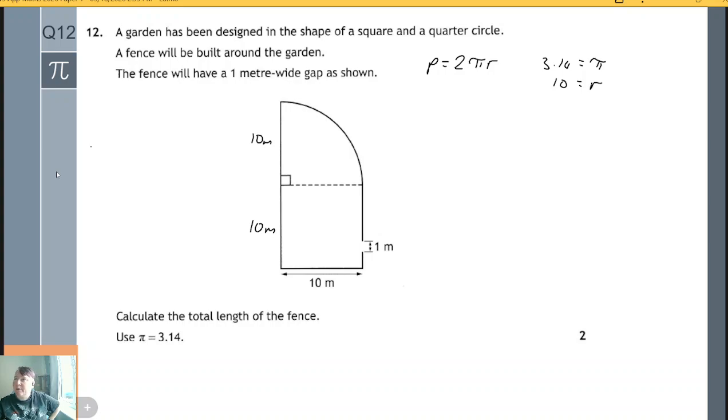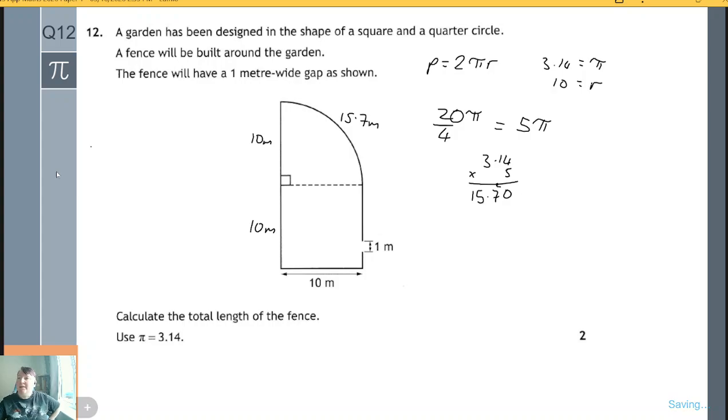So this side is going to be 2 times 10, which is 20 pi over 4. And now I can cancel that down, which is the same as 5 pi. 5 times 3.14. So 3.14 times 5, I have got 15.7.